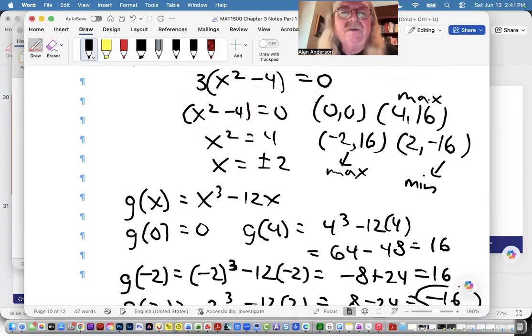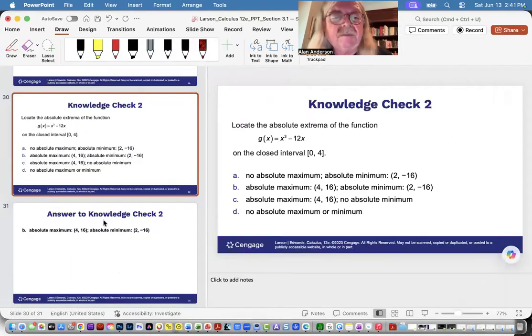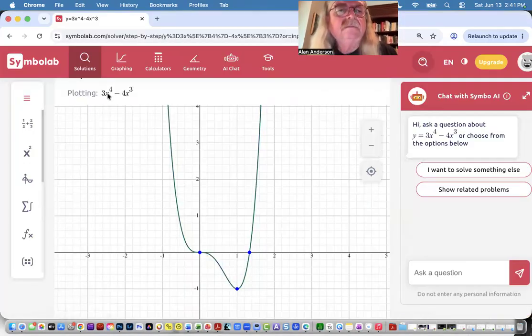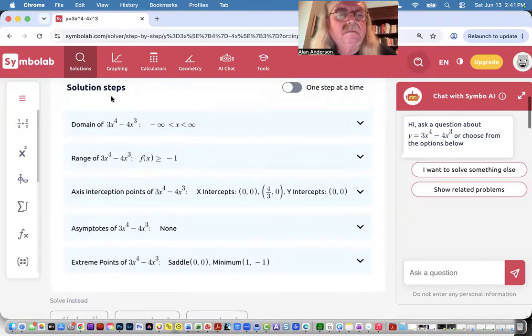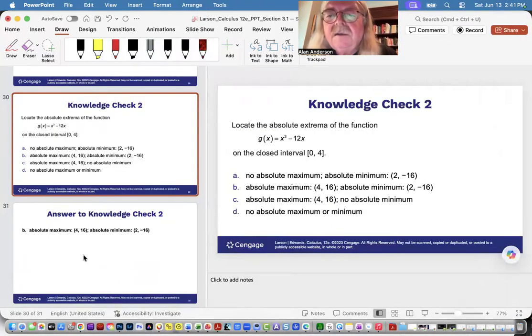So I think what we should do is take a look at the graph in Symbolab. What is it again? x cubed minus 12x.